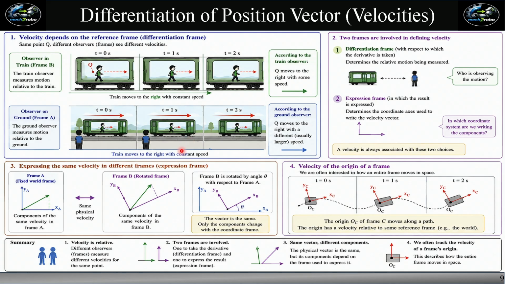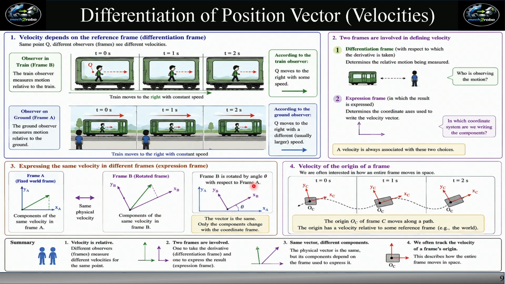The third observation is about expressing the same velocity in different frames. First of all, the frame A, which is fixed, or we call it the world frame, and the same velocity in frame A has components xa and ya, but the same physical velocity in frame B, which is a rotated frame, has different components, but the physical quantity or vector remains the same.